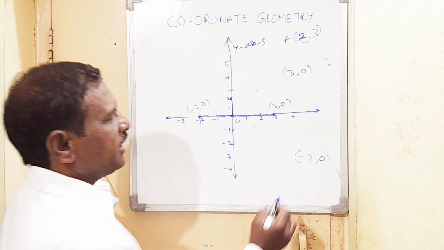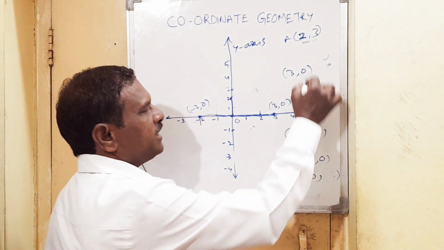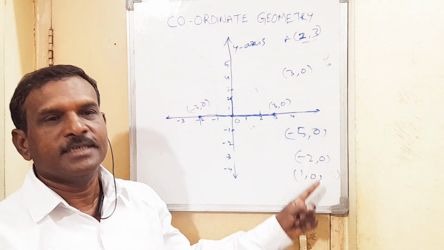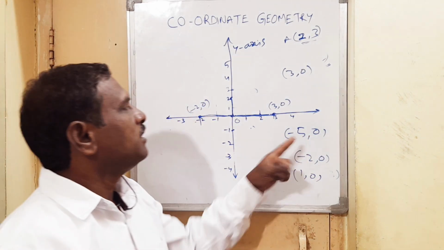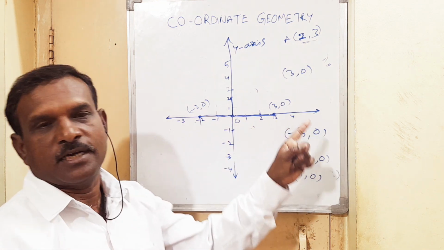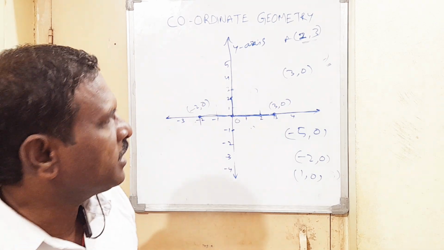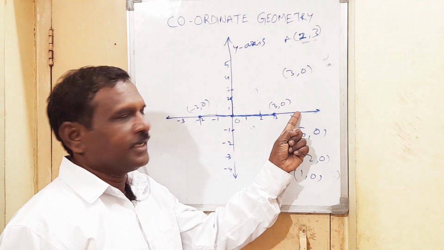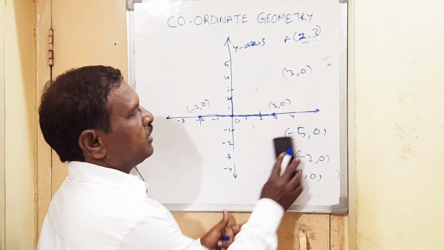Like this you can take any point, right? 1 comma 0, minus 5 comma 0. In all these points the y coordinate is 0. Y coordinate is 0 means all these points lie on the x-axis. So from this we can conclude that for every point on the x-axis, its y coordinate is 0.